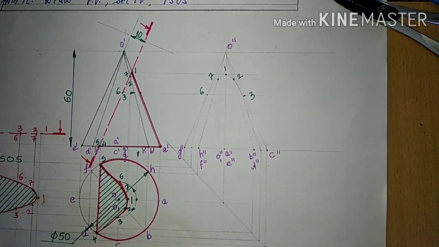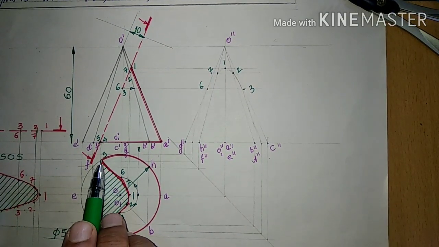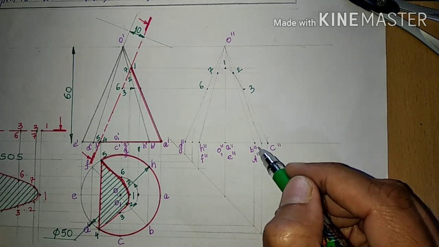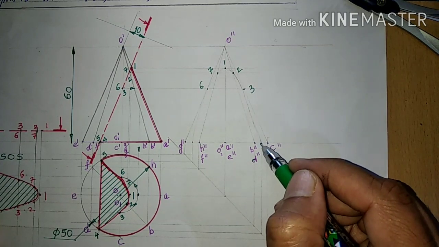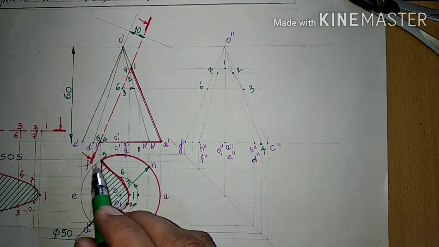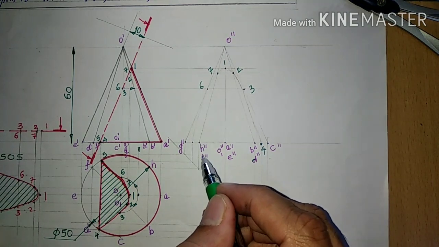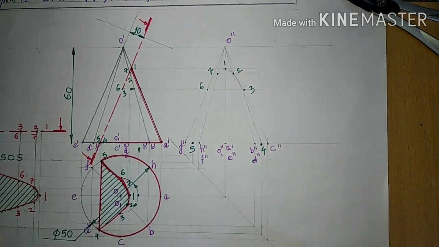Whenever we want to take base points in the side view, we take it through the top view, the place where we see the true location. So 4 is in between C and D, so we'll take the projections from here and it will go between C and D. D is here, so this is the point 4. 5 is in between F and G, so we'll take this 5 here, and between F and G this is 5.